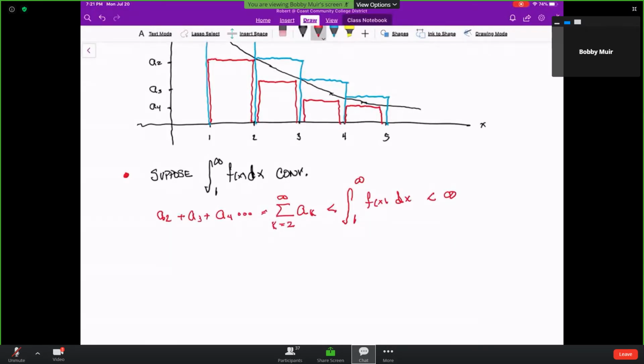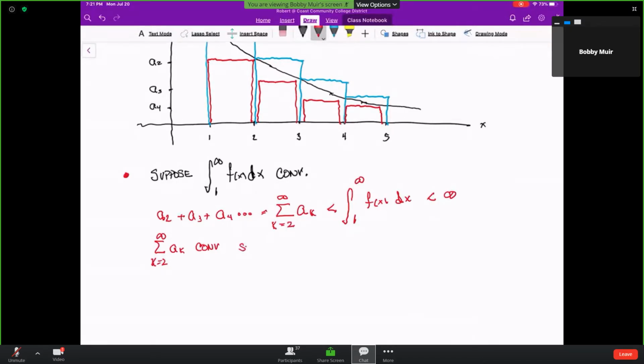And so the sum k equaling 2 to infinity of a_k converges because it's sitting underneath an integral that we know adds up to something.